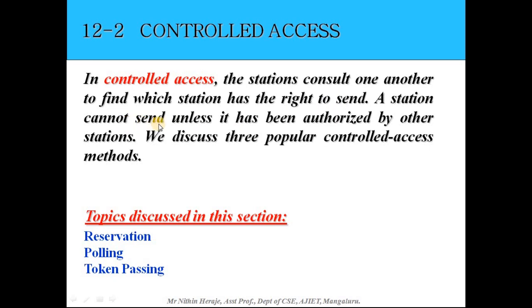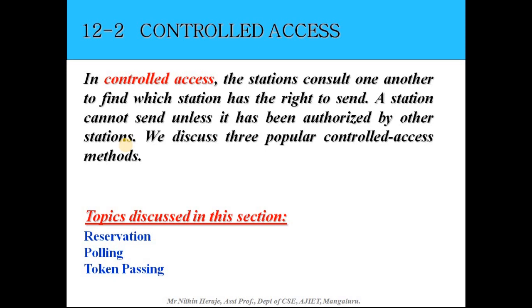A station cannot send unless it has been authorized by other stations. So by looking at this statement, we get confirmed that a station cannot blindly send the frame without having permission, whereas in random access, the station used to send the data without any permission from other stations. But in controlled access, that is not the case.